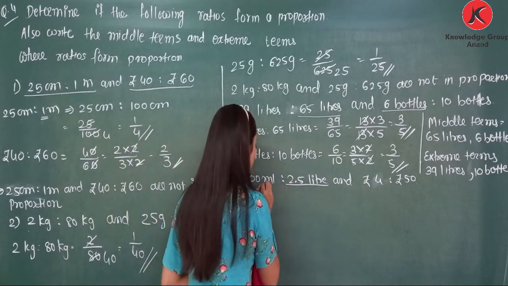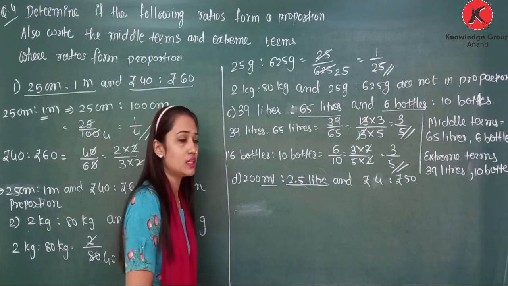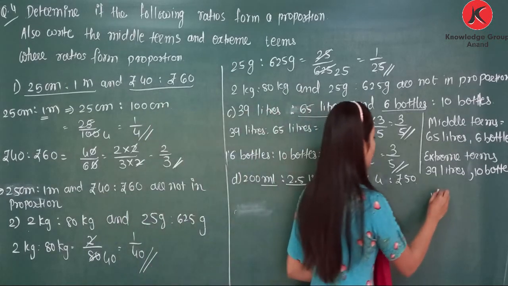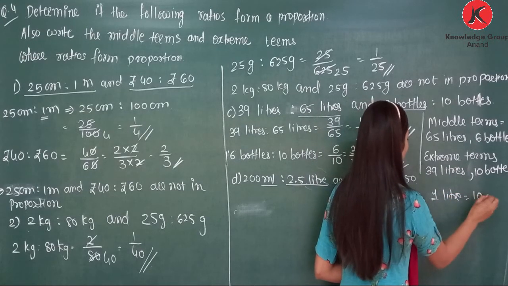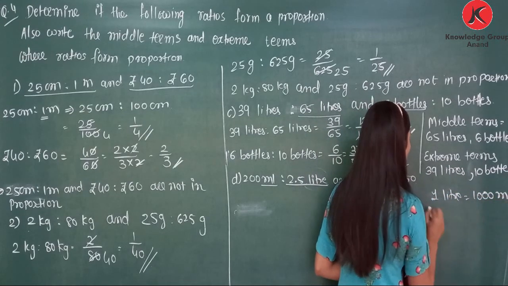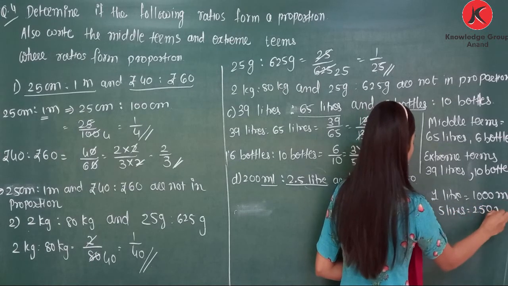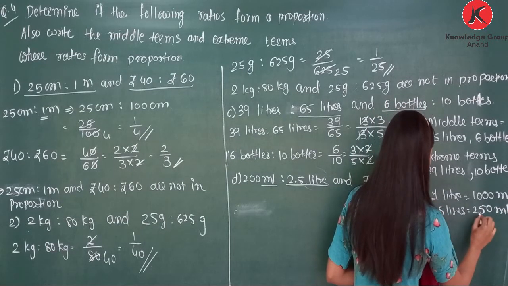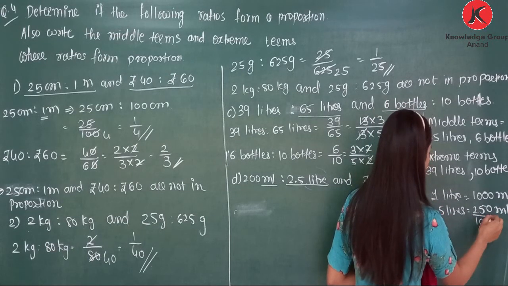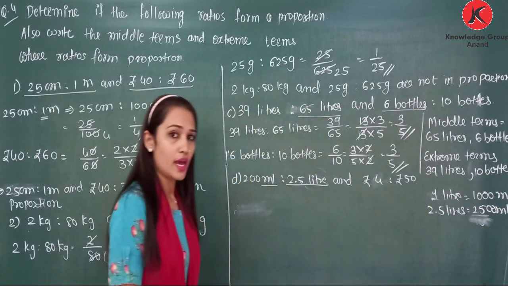This one is in liters and this one is in ml. So we need to convert this liter into ml. 1 liter is equal to 1000 ml. So 2.5 liters is equal to 25 by 10 multiplied by 1000, so it is 2500 ml.